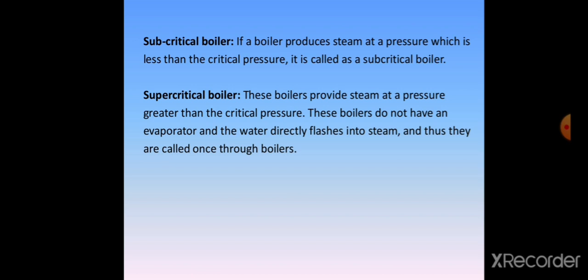But in supercritical boilers, only water comes inside the shell, and it is directly converted into superheated steam. So there is an elimination of the process from heating to superheating and then supplying. Water comes into the shell and is converted directly into superheated steam. That is what happens in supercritical boilers.